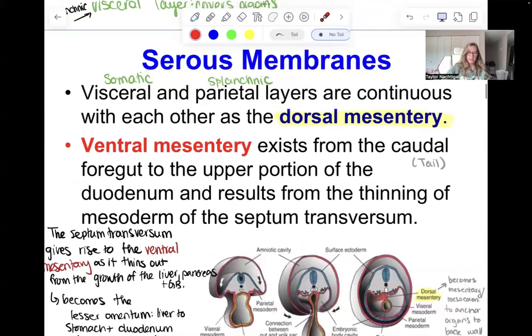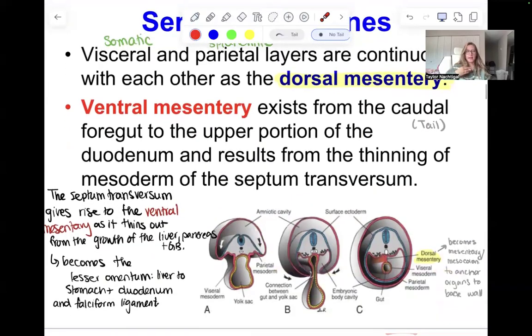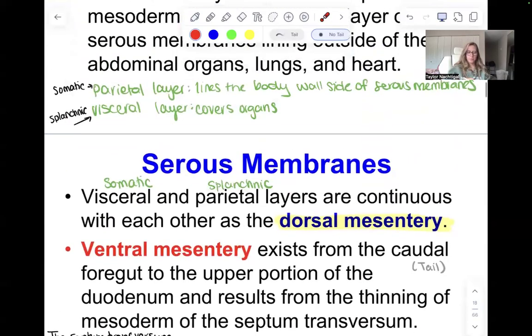Okay, so the somatic and splanchnic layers are continuous with each other as the dorsal mesentery, which means at the back of the body wall, these two membranes come together and they are continuous with each other. So now if we looked at the heart, now is a good one to do the heart. Imagine we're looking at it from a bird's eye view.